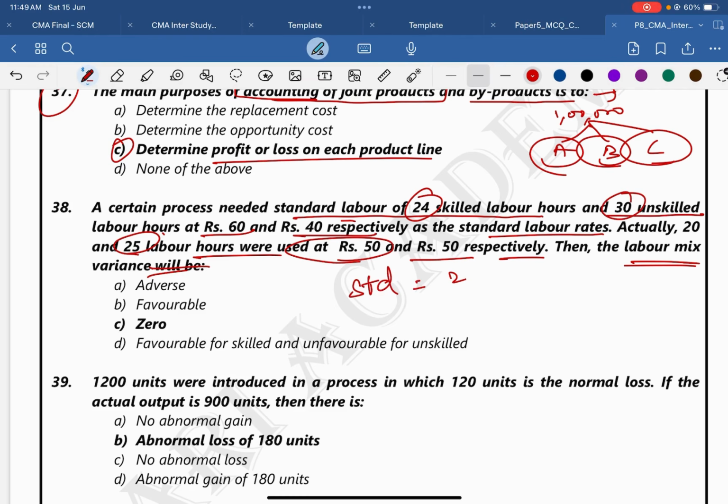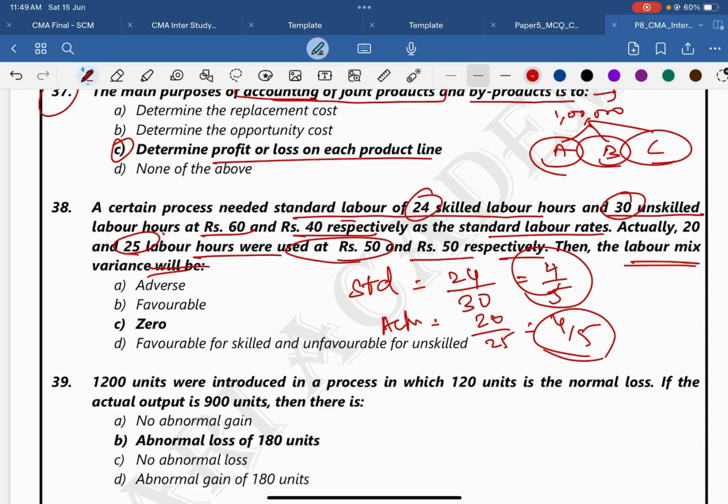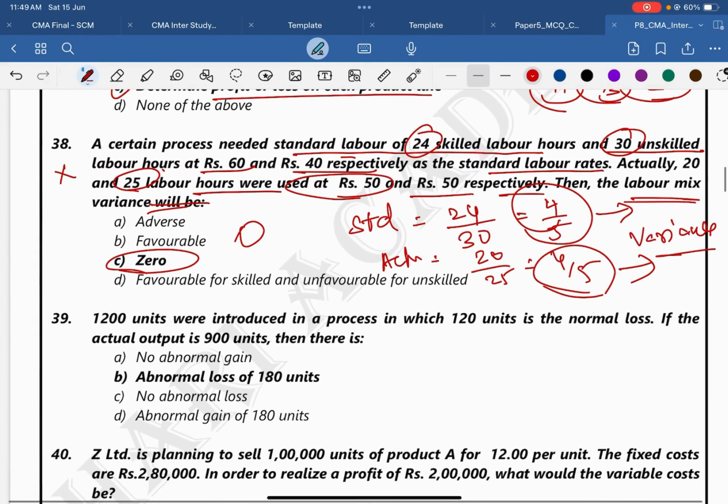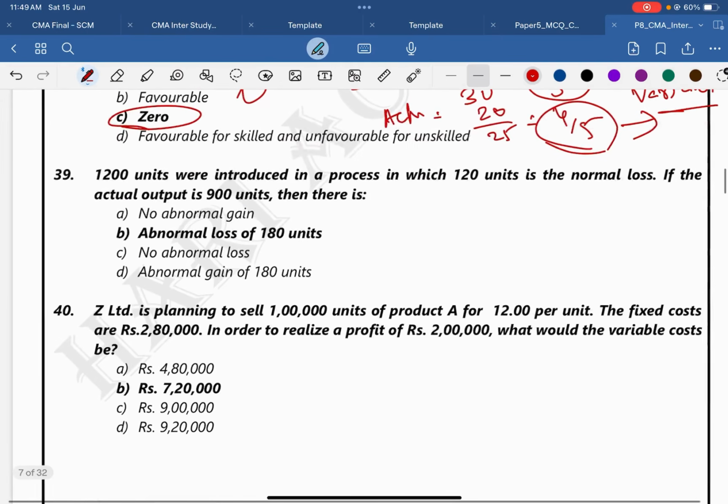Standard is 24 by 30, which is 4 by 5. Then what is the actual? Actual is 20 by 25, also 4 by 5. As there is no difference between the standard and actual, the labor mix variance is going to be 0. My answer is option C. This is an important question. You may expect this question.